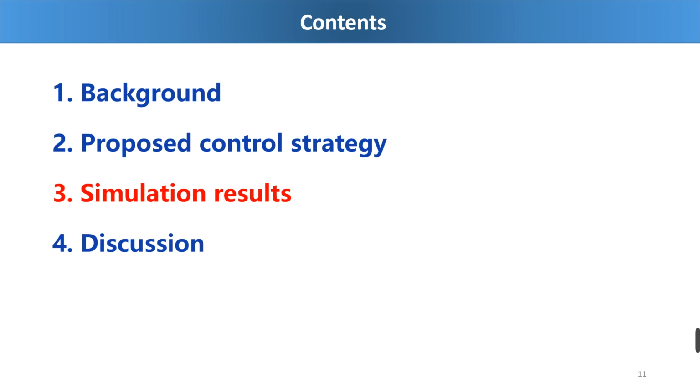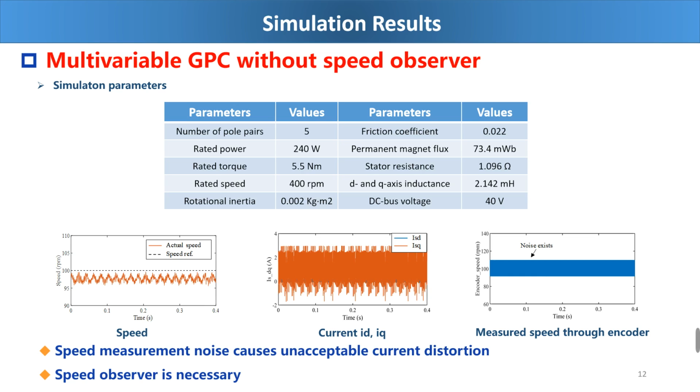So here we will show some simulation results. This is the parameter of the simulation system, and these 3 figures are the results of multivariable GPC without any speed observer. As stated before, the speed measurement noise will cause some current distortion in our experiment results.